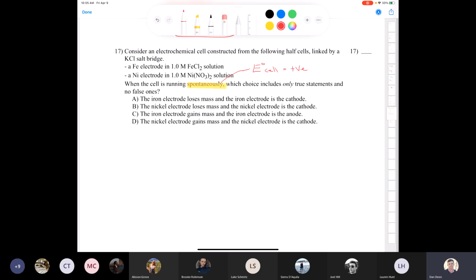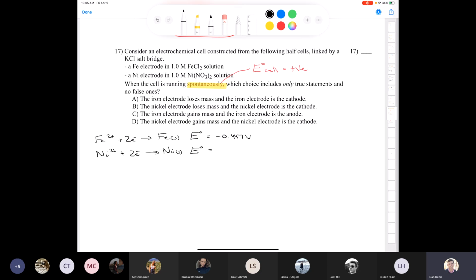If we look at these two standard reduction potentials, so let's look at iron 2 first. We take iron 2 plus 2 electrons, gives us iron, which is a solid. The standard reduction potential is negative 0.447 volts. Again, you'd have to look this up from a table, which I will provide on your handout. If you do the same thing for nickel, nickel 2 plus 2 electrons produces nickel in the solid phase.